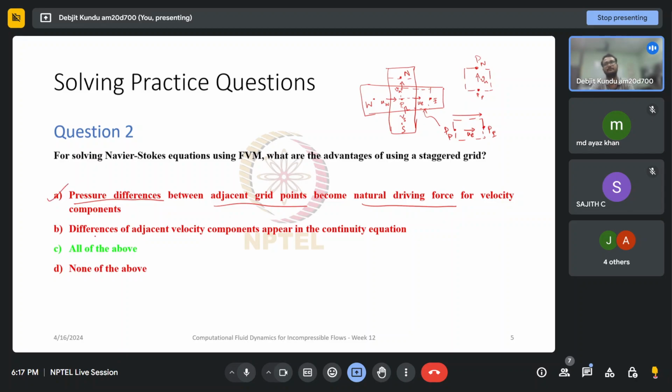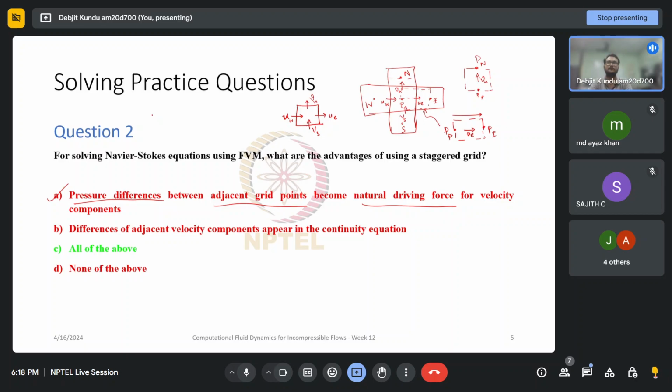And the second one, the differences between adjacent velocity components appear in the continuity equation as well. For that we have to consider our central control volume, that is capital P. Here I have UW, UE, Vn and Vs. So all the velocity components at the surfaces of that particular control volume are being conserved.